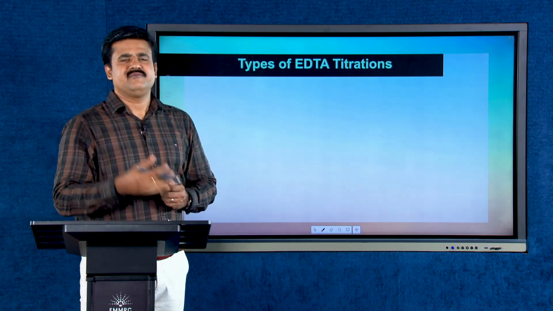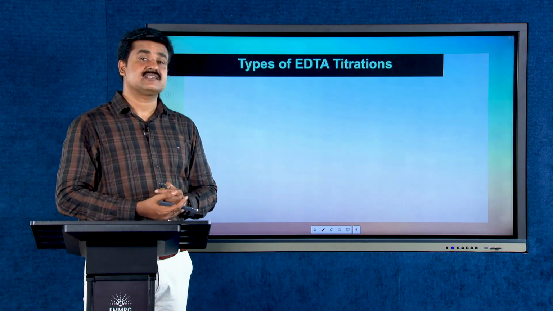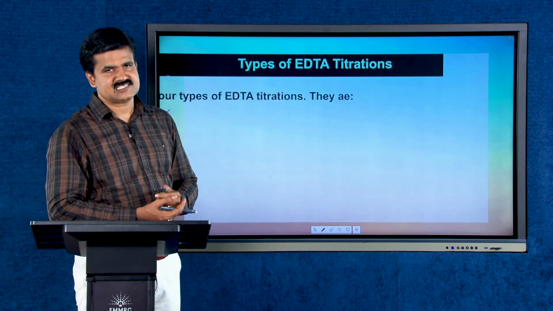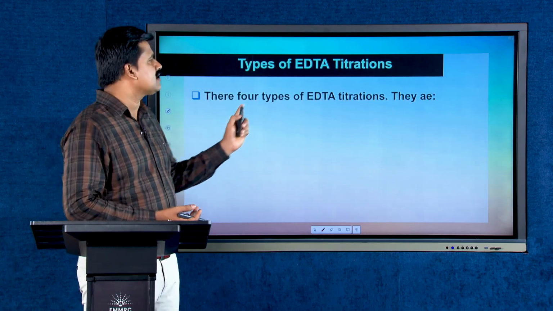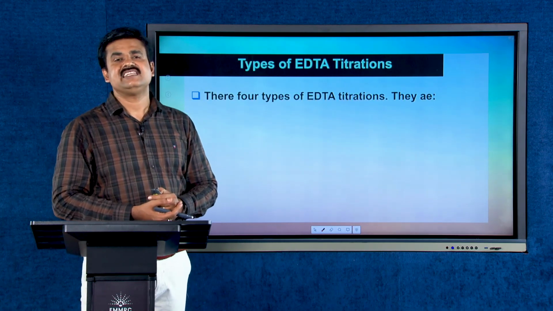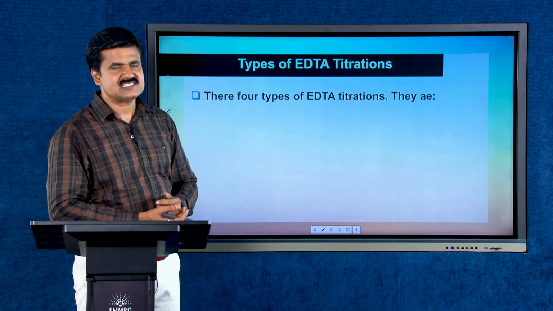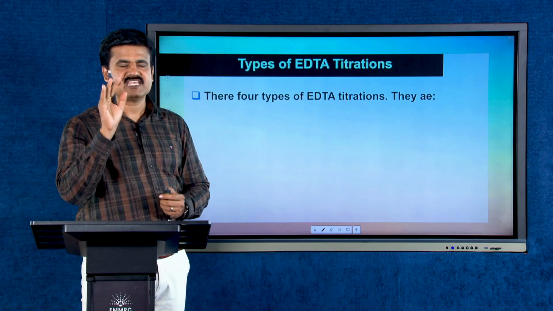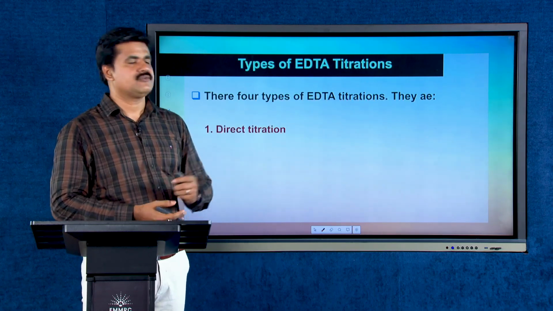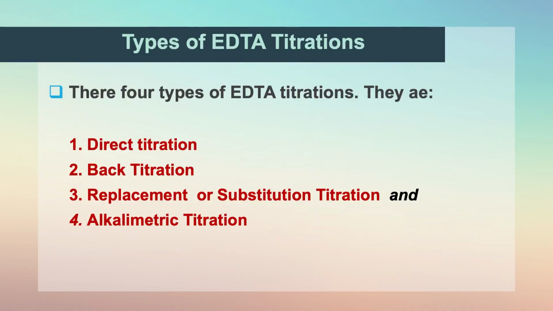Now, we are mentioning what the various types of EDTA titrations are. There are four important types of EDTA titrations, and we can name them. These four titrations are direct titration. The second category is called back titration. The next category is called replacement or substitution titration.